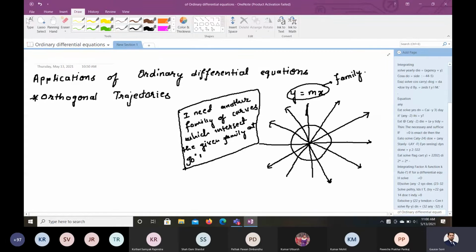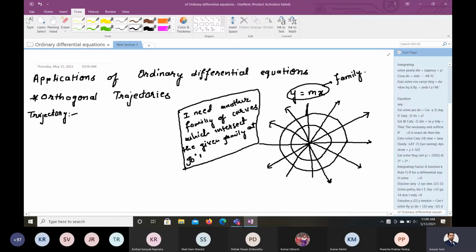Okay. So in orthogonal trajectory, there are three terms involved. So first one is trajectory. I won't give you the definition of this trajectory in writing, but we'll just understand what we mean by trajectory.